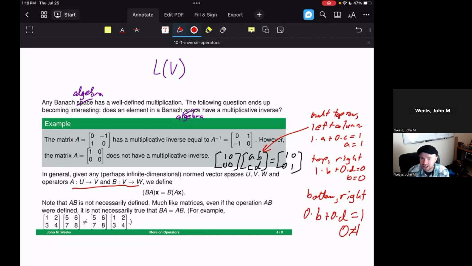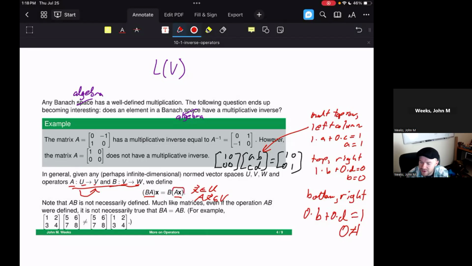So again, just to be clear, when we are talking about inverses here, we are looking at them in the same way as multiplying using composition. If you have normed vector spaces U, V, and W, and two operators that map you between these spaces, then you can define an operator BA to be B applied to A times the vector X, where A maps you from U to V. If X is a vector inside of U, then AX would be a vector inside of V, as that's what A does.